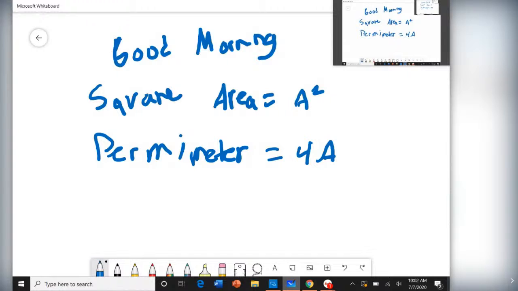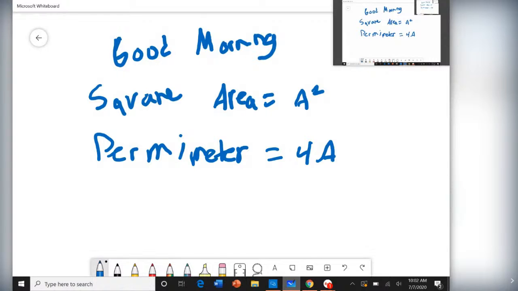So what I want to do is go over what we did yesterday. Basically, we talked about perimeter yesterday for squares and rectangles. And then for the homework, I gave you some area too, but I told you not to worry about the area. I just wanted you to do the perimeter.